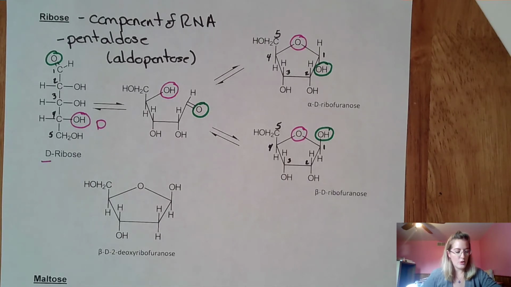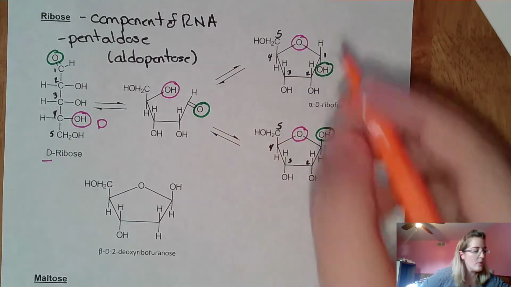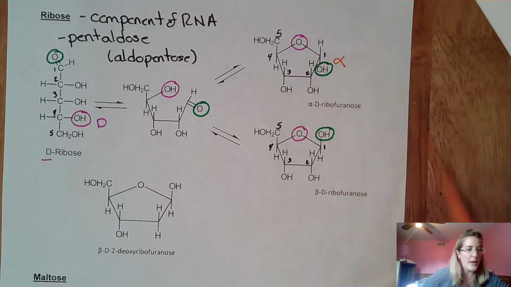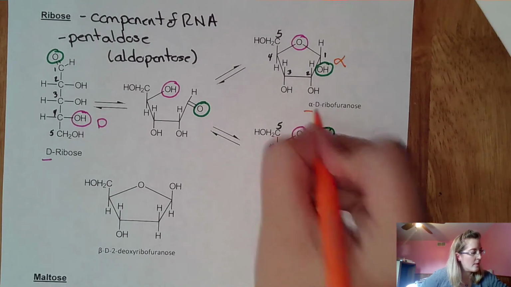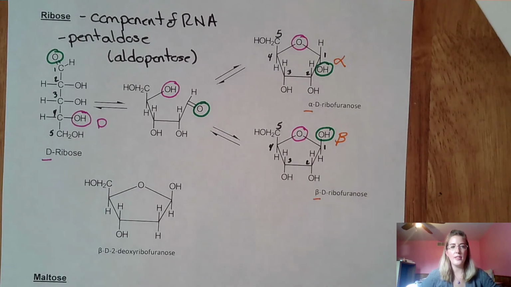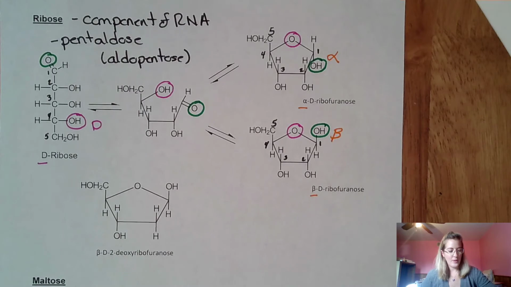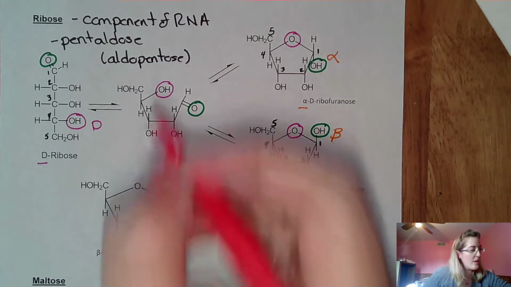All right, so this OH from carbon 1 that used to be your ketone, that is down, so that's alpha. And this one's up, that's beta. And you can see the terms there, the labels, the names. We can point out similar things.